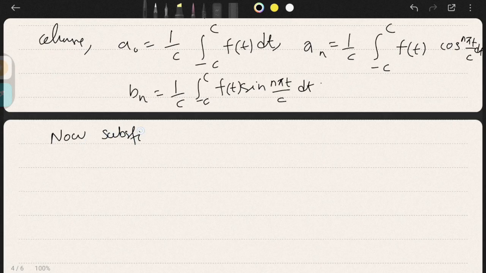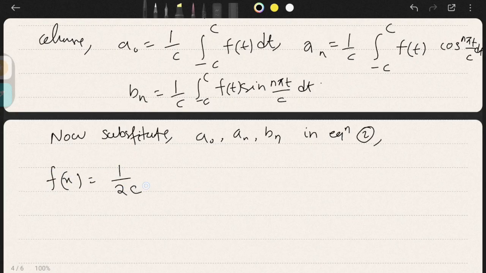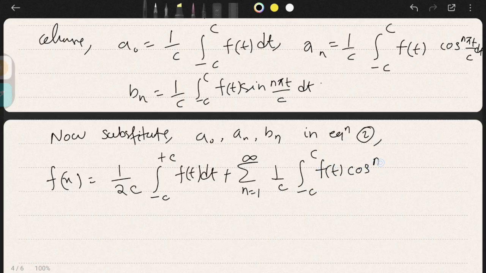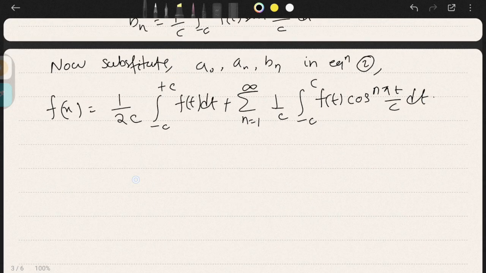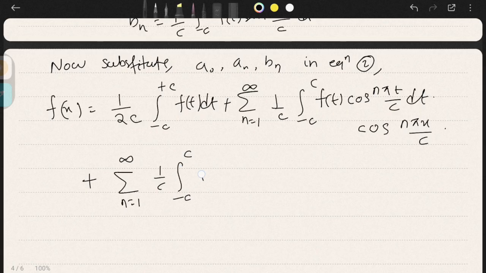Now substitute in equation 2, we get f of x is equal to 1 by 2c integral of f of t dt, plus summation from 1 to infinity of 1 by c integral from minus c to c of f of t cos n pi t by c dt, and cos n pi x by c, plus summation from 1 to infinity of the integral of f of t sin n pi t by c dt into sin n pi x by c.